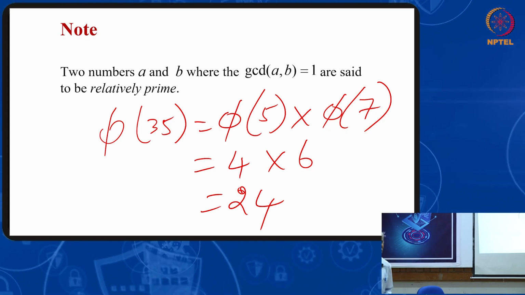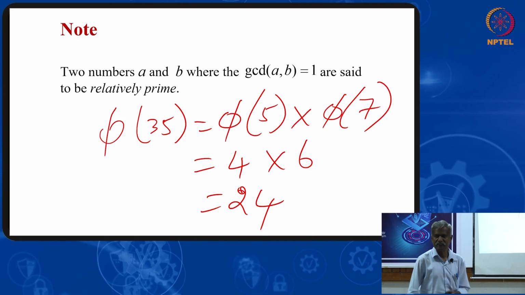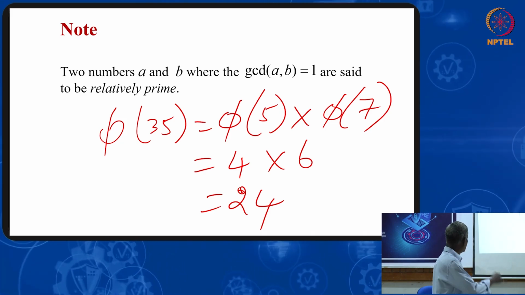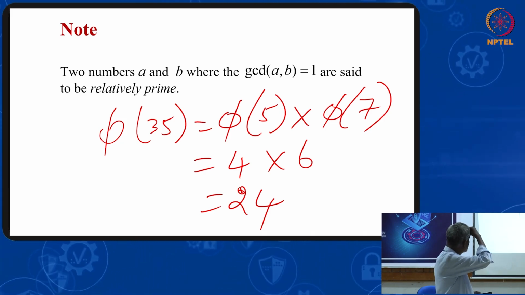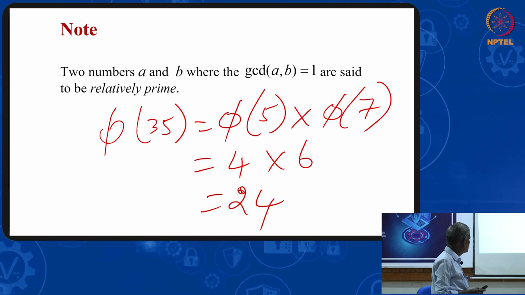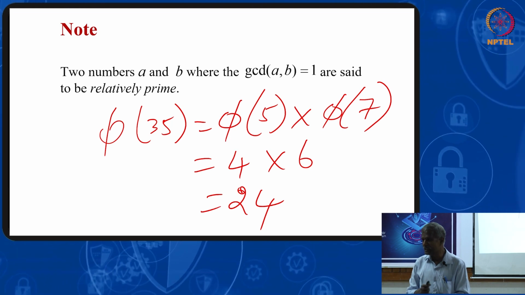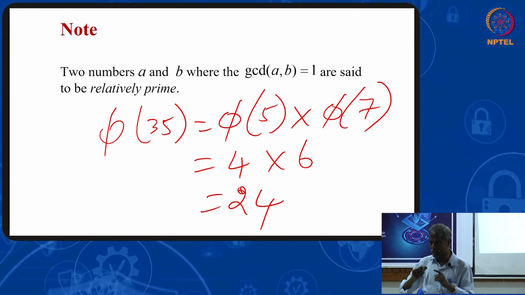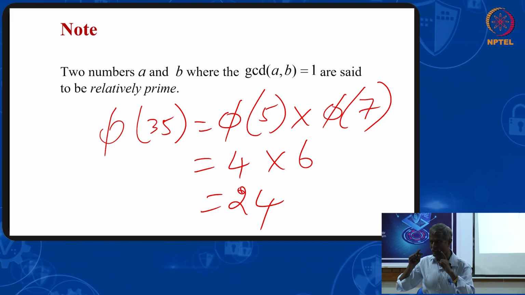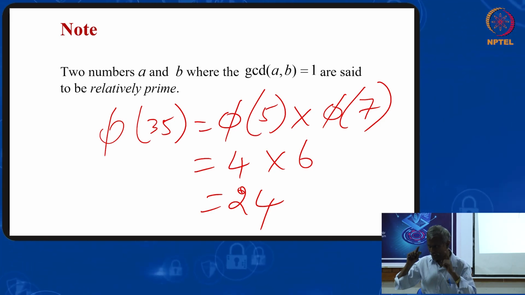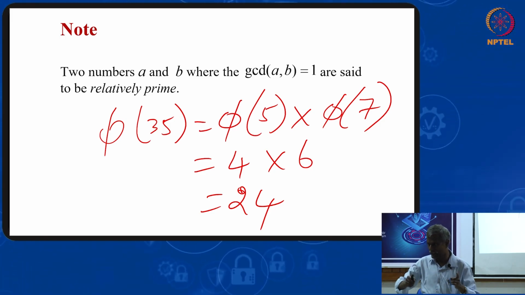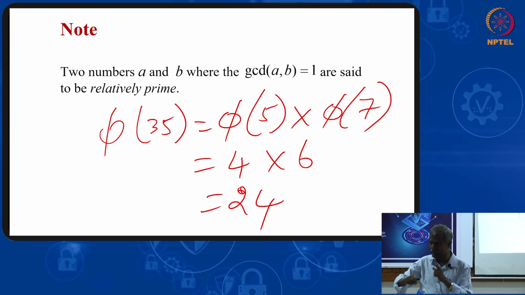You understand how to find the Euler's phi function value? Euler's phi function defines the number of numbers less than n and relatively prime to n. I am taking n equals 35.